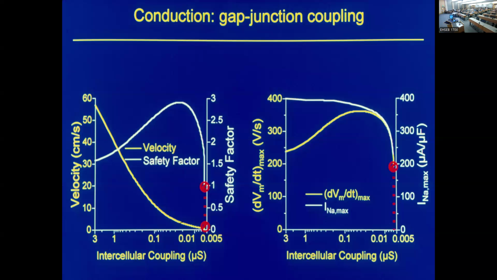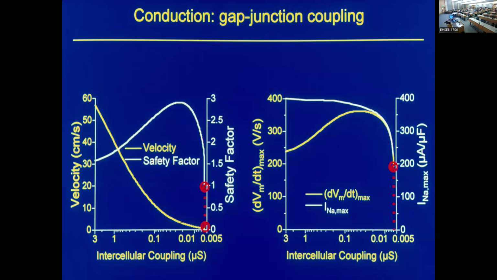In fact, counterintuitively, it increases. And so conduction here, for example, will be much, much slower than normal, but also safer. So this is really a prescription for slow, sustained, safe conduction.